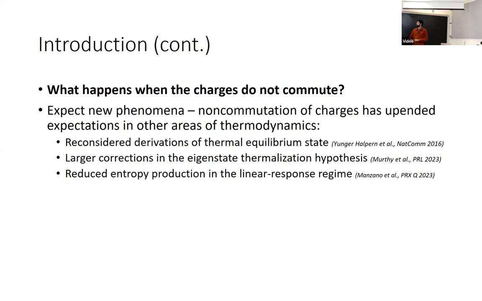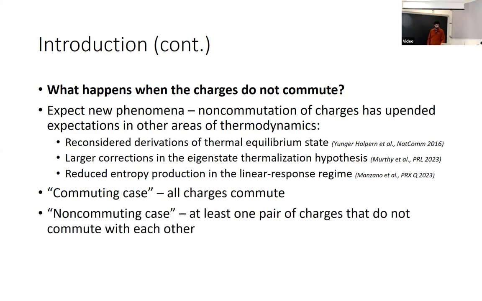And finally, people have studied entropy production in just the linear response regime, and there again showed that non-commuting charges actually reduce the entropy production. For the rest of this talk, when I say the commuting case, I mean all of the charges commute, in this sort of classical setup. And when I say the non-commuting case, it means there's at least one pair of charges which fails to commute.